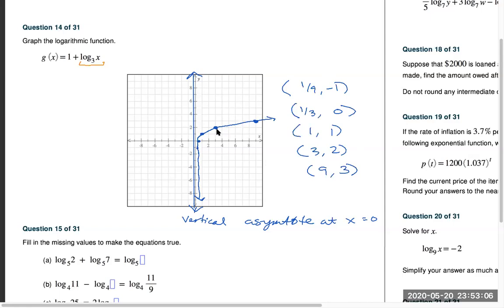Okay, so this is what your general log graph looks like.